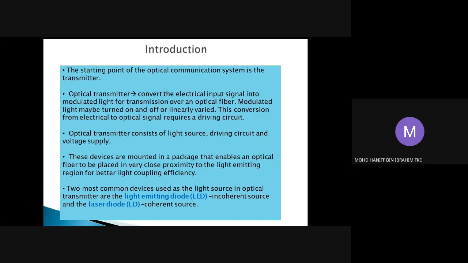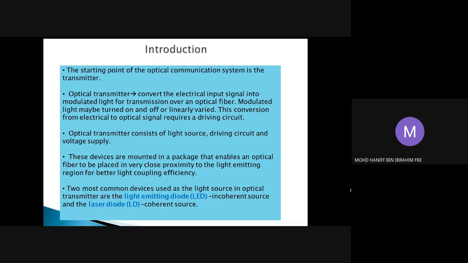We have learned that the starting point of the optical communication system will be the transmitter. This is what we have discussed before. So what is the purpose of the optical transmitter? The main purpose of the optical transmitter is to convert the electrical input signal into light for transmission over the optical fiber. Because we know that the signals that we are actually transmitting in optical fiber will be light, right?